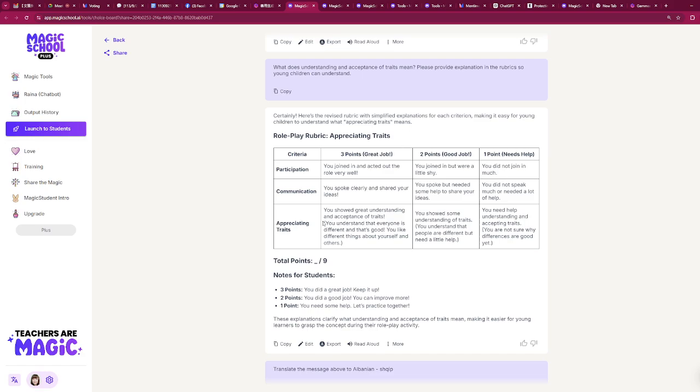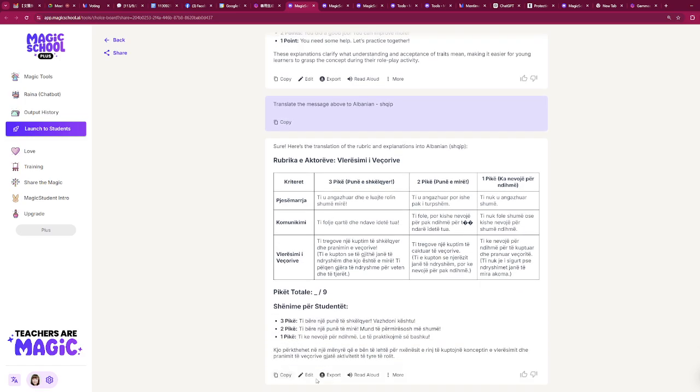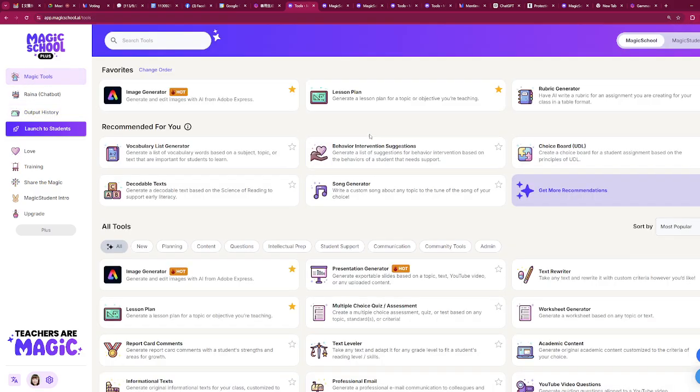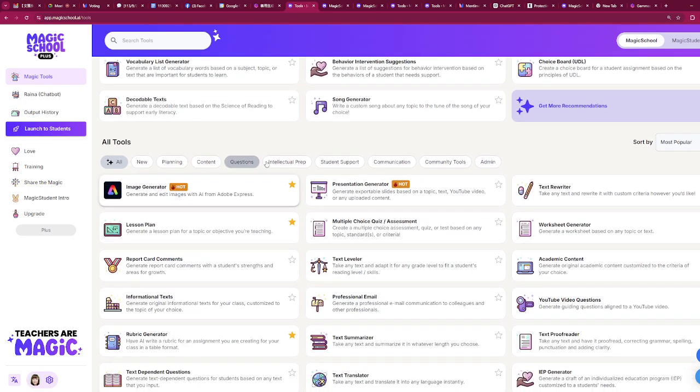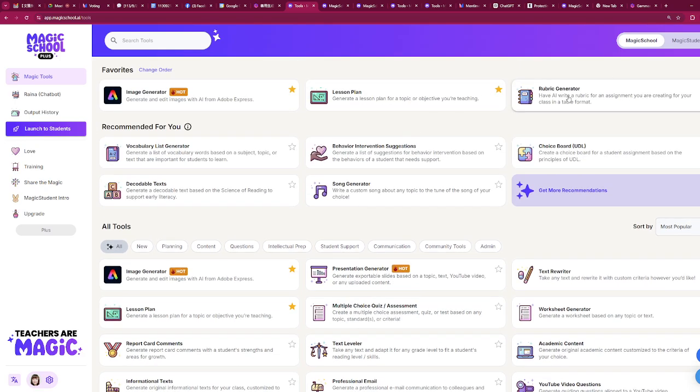I added: what does understanding acceptance of traits mean? Please provide an explanation in the rubric so young children can understand. So right here, this is what it got. And what I like to show here is back to our magic tool. I create, and the rubrics generator is one of my favorites, so I added a star here.